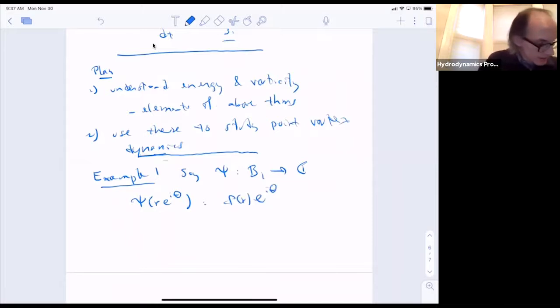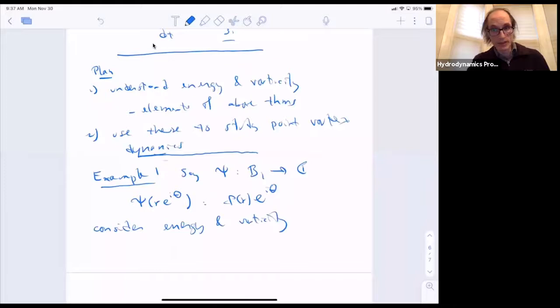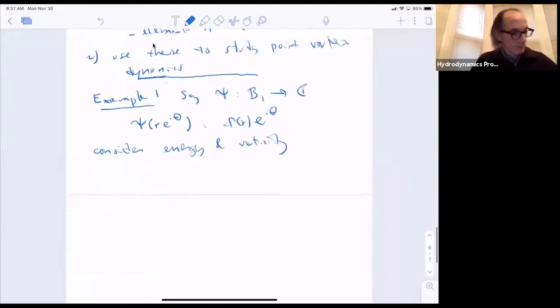And let's consider energy and vorticity. So let's compute the energy and vorticity for this thing.